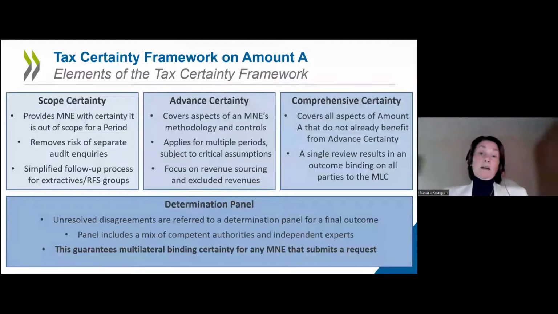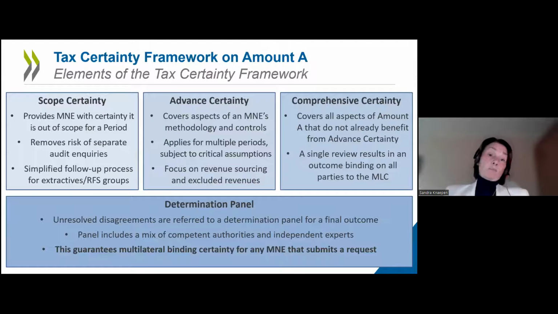Now, if an M&E does not request comprehensive certainty, of course, it will bear the risk of domestic tax examinations in parties where it may have a liability to pay tax on amount A, or where it claims relief for double taxation.